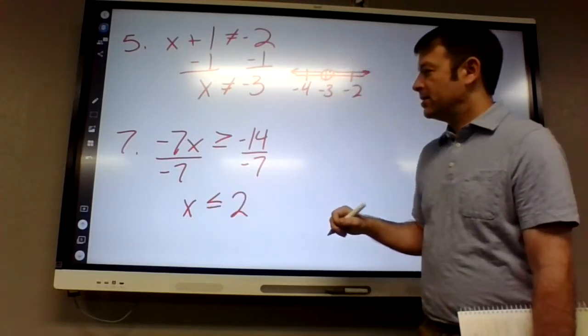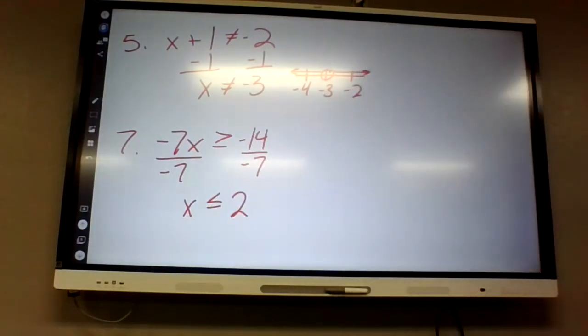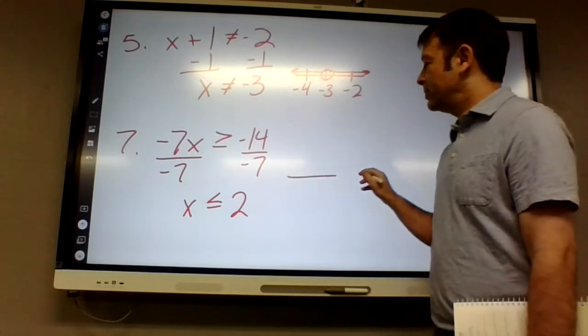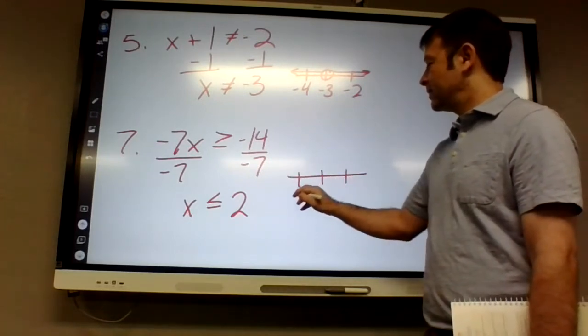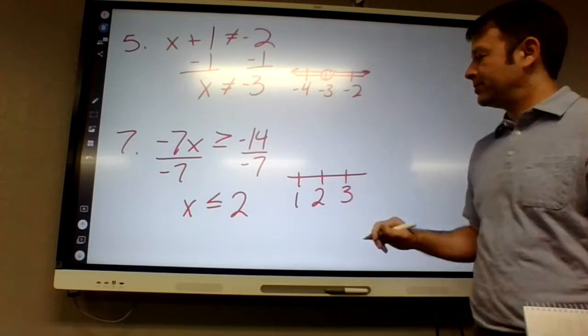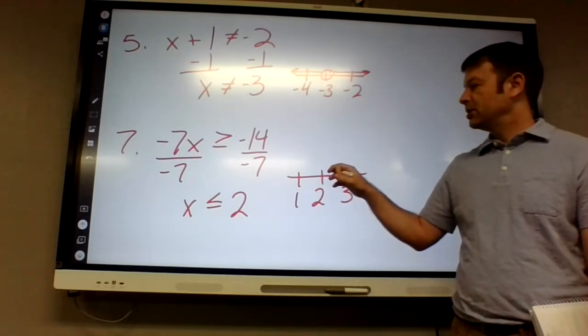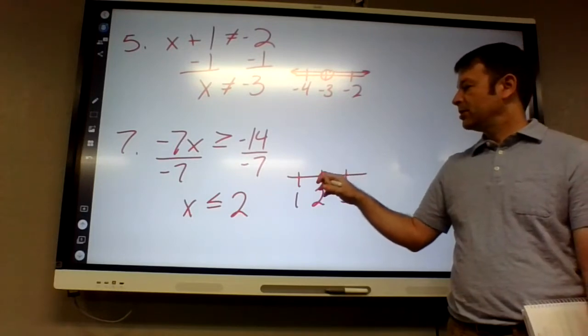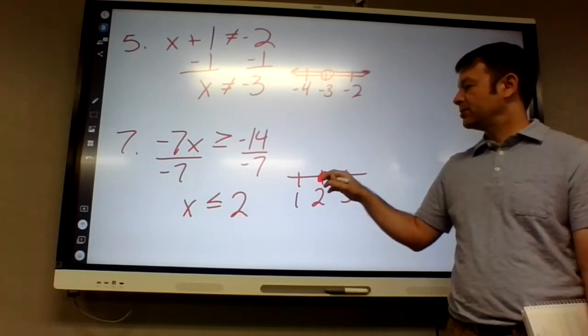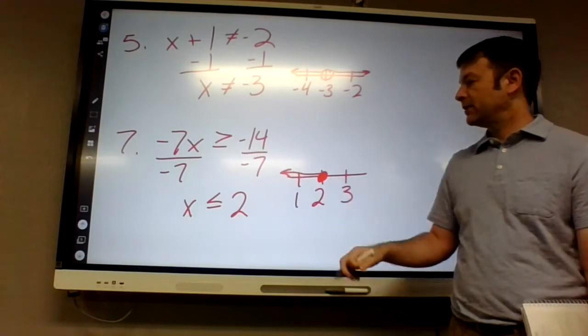Okay, negative divided by negative is positive, but since we divided by a negative, the inequality switches. How do we graph x is less than or equal to 2? Closed circle going left.